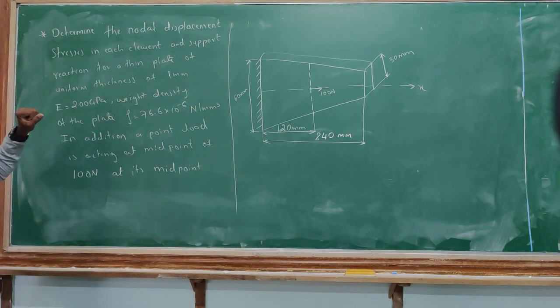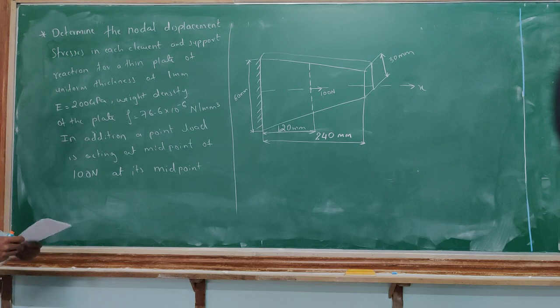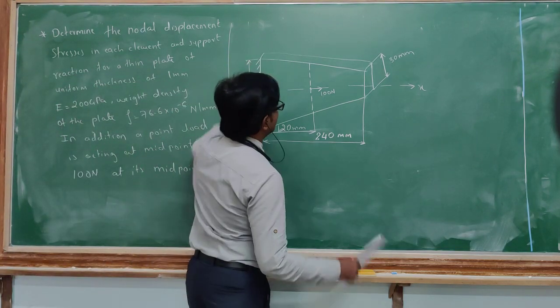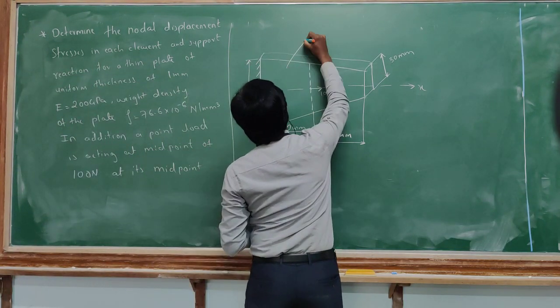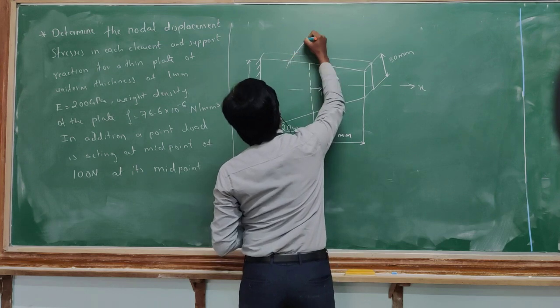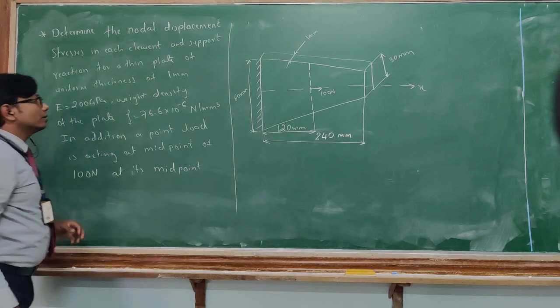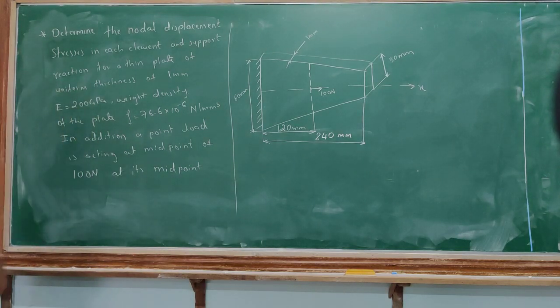If you study the problem definition, it is a plate of uniform thickness, which is given as 1 mm. Its Young's modulus is given as 200 GPa.